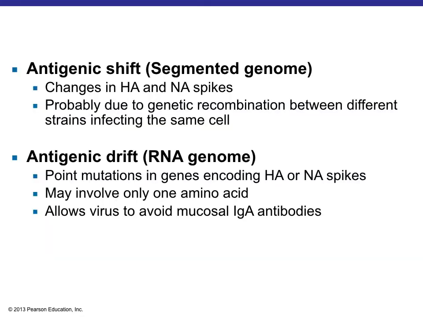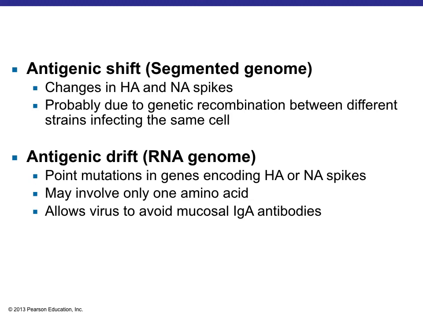So in influenza, we get two types of changes in the viruses from year to year. The first is called antigenic shift. This is a very dramatic change, where we get changes in the hemagglutinin and the neuraminidase spikes.